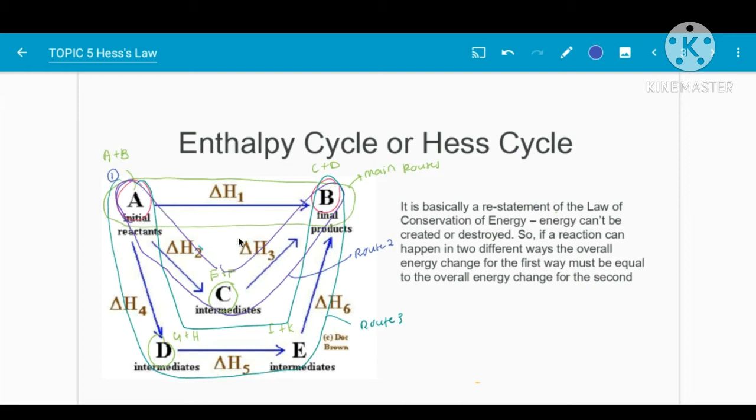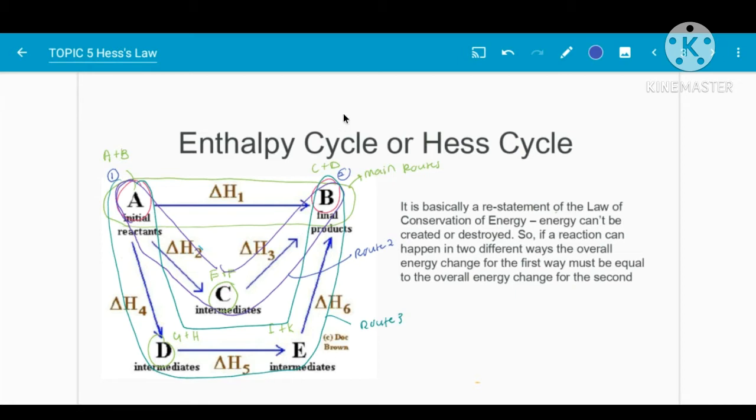So the main route is route 1, and the second route is route 2. From route 2, it starts from A to B and to C, and finally it produces the same product. From A it produces D, becomes E, and finally produces the same product. That is why we call it route 3.